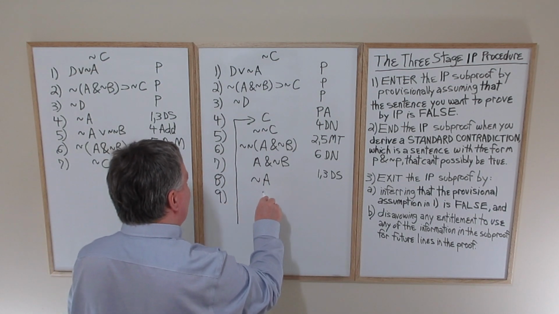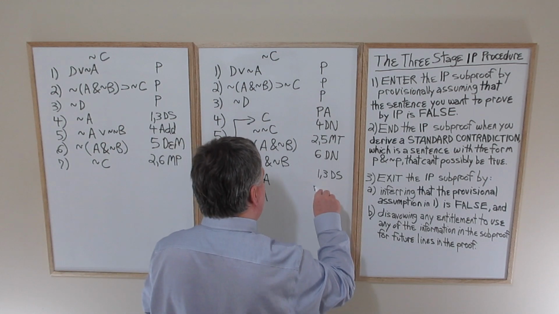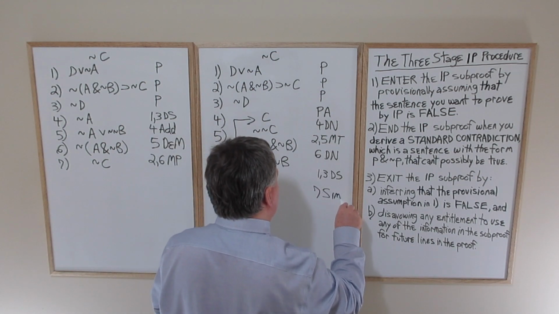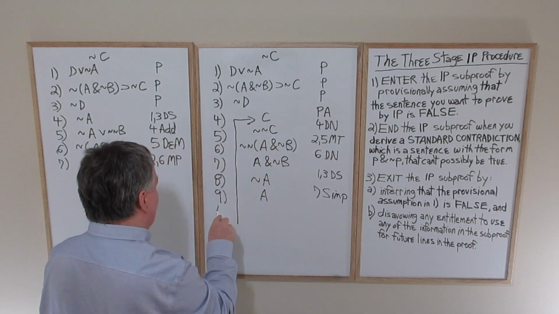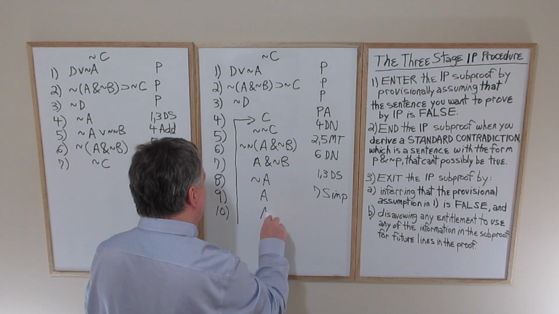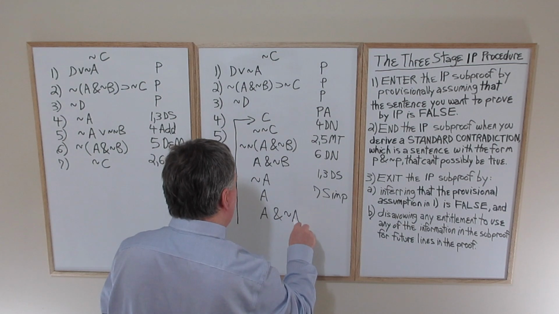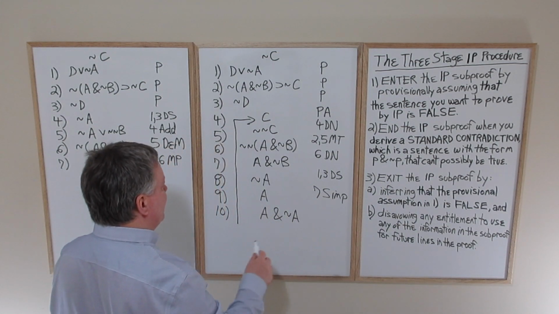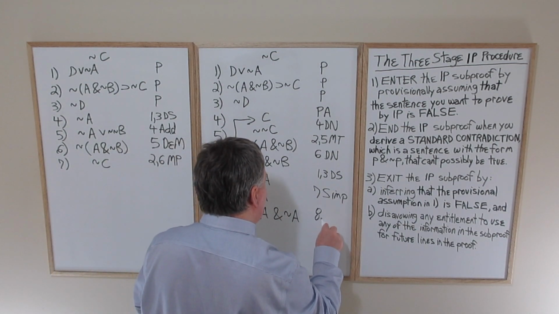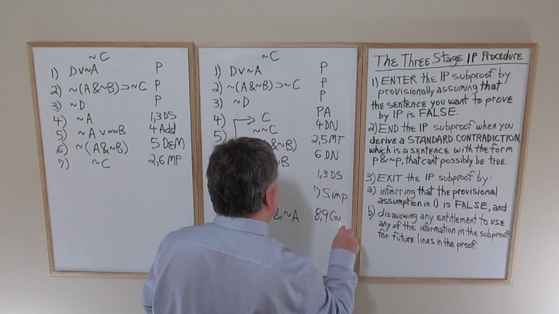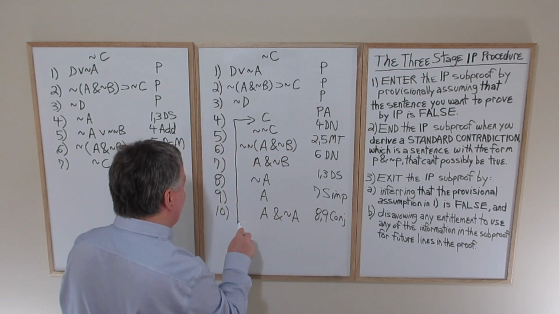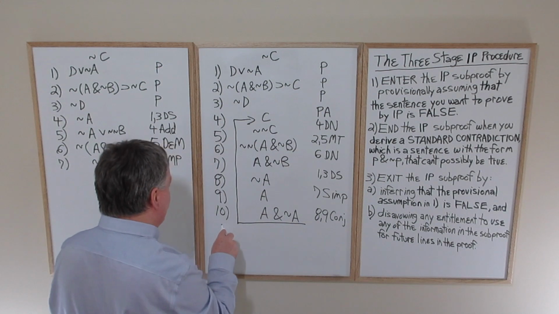So we snap off A, 7 simp. Then, as always, we end the IP subproof with a conjunction step, 8, 9 conjunction, to derive the standard contradiction.